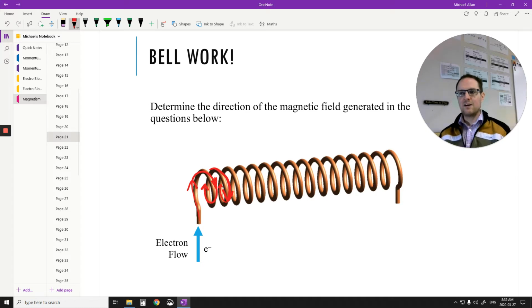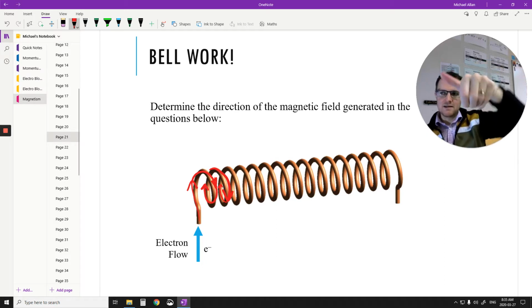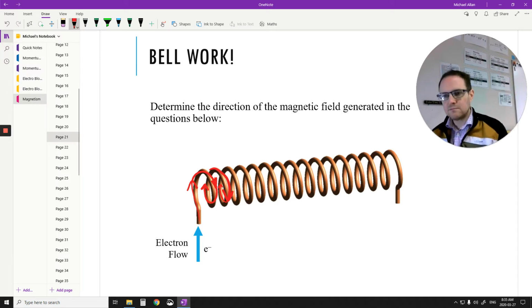So they're always going down the front, up the back side. Notice that when I do that, down the front, up the back side, my thumb is pointed towards the left here. So that means that my left side on this one is the north.